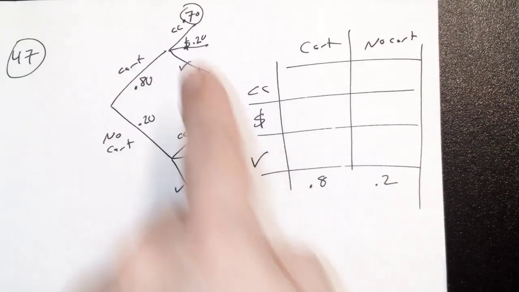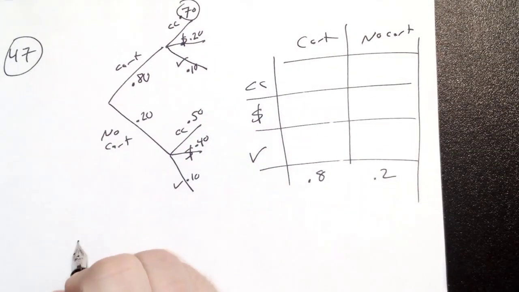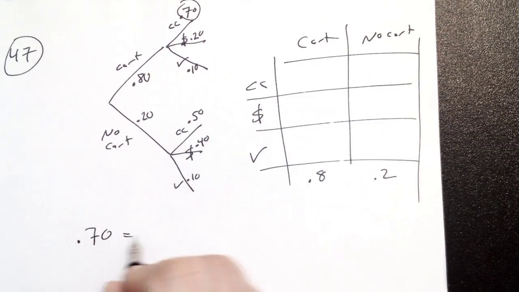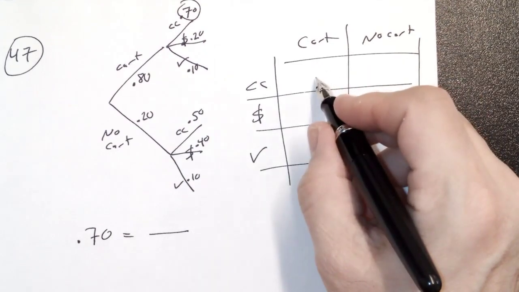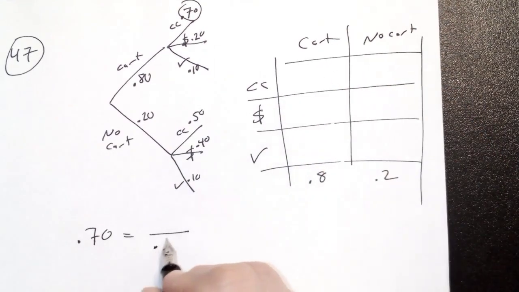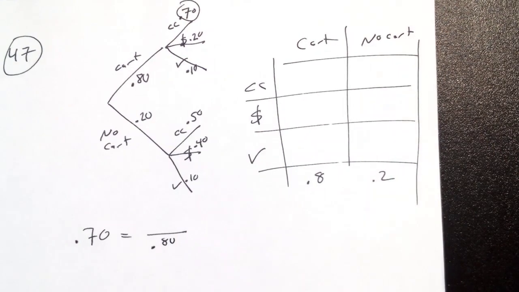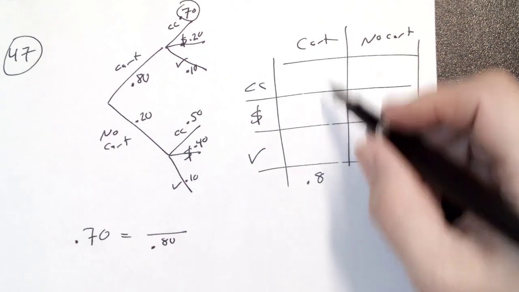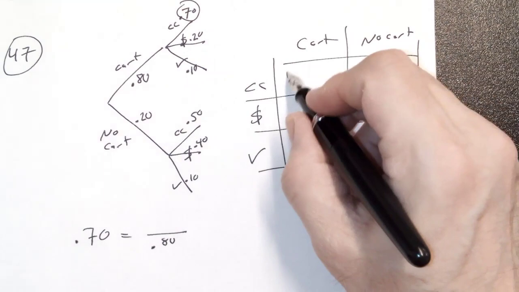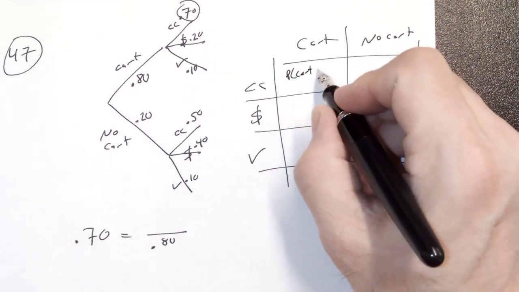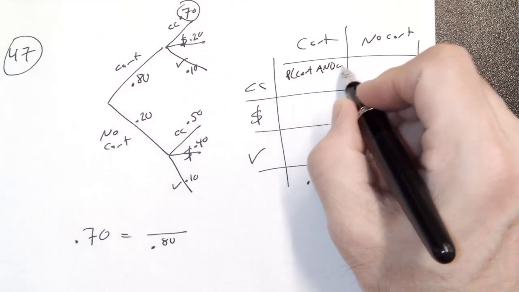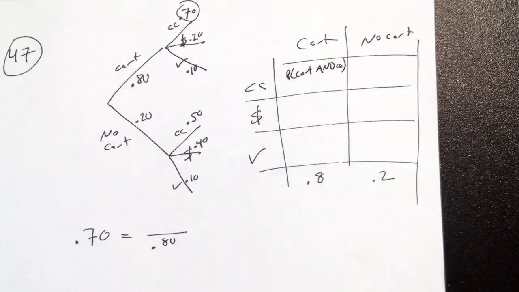So that 0.7 is equal to something over 0.8. It's a conditional probability, which means this up here is the chance of cart and credit card, which we've not computed anywhere up here.